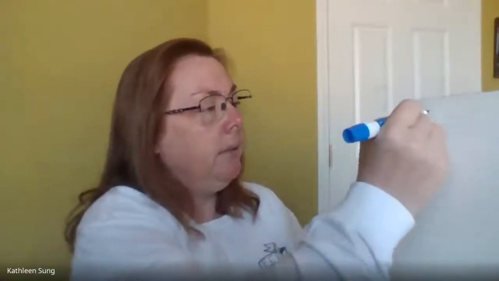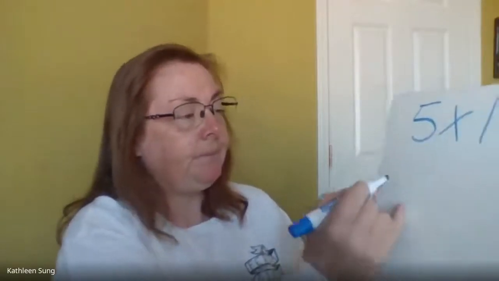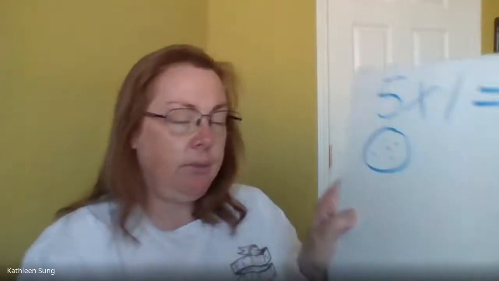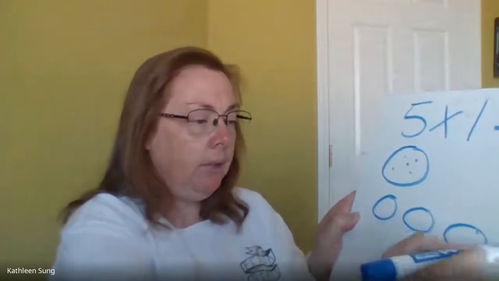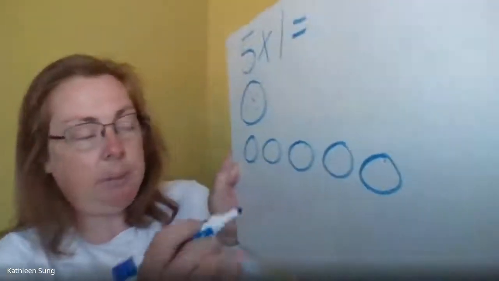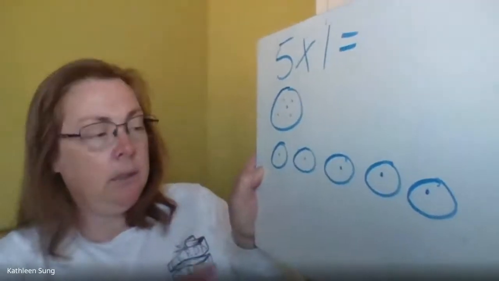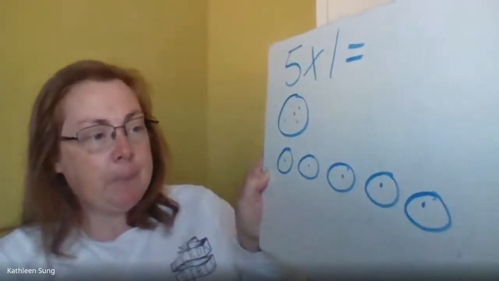So we can have 5 times 1. I can have one plate with 1, 2, 3, 4, 5 cookies on it. Or I can have 5 plates with 1 cookie on each plate.